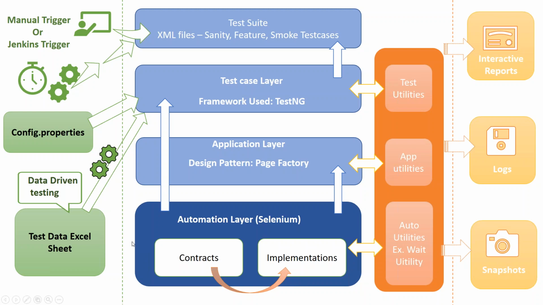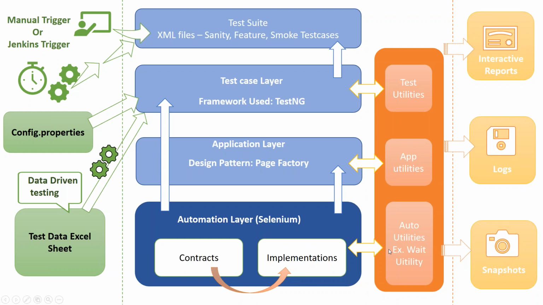Today, the first task is that we'll complete this particular layer. After completing this layer, we'll start learning design patterns, and if time permits, then we'll start with the application layer as well. At each level, there will be certain utilities.